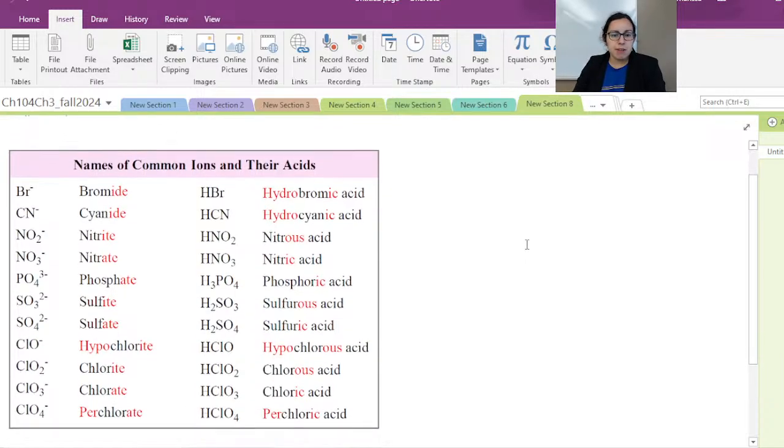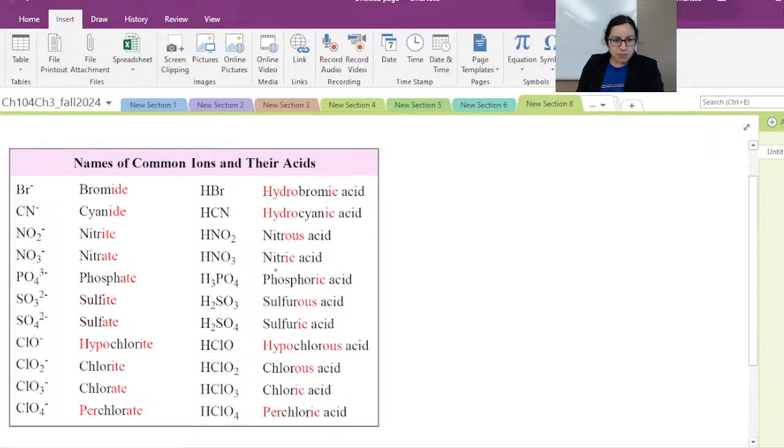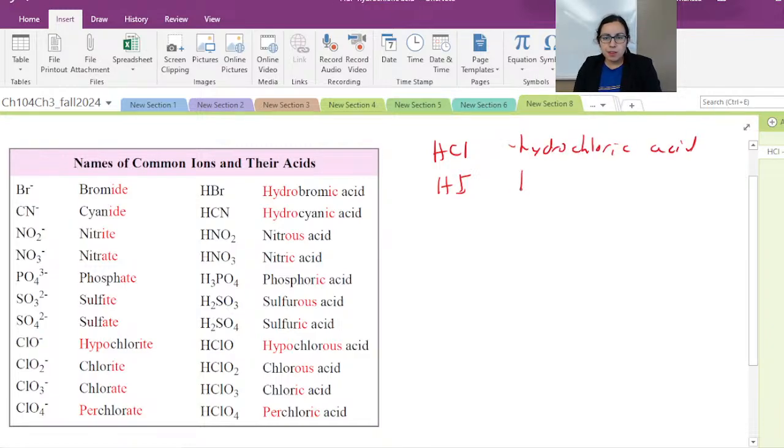I forgot the naming of acids. And so the acids is one of those you just kind of have to learn. And so notice, right, we have a lot of our simple acids like HCl, HI. They all follow that pattern of hydrochloric acid or hydroiodic acid.